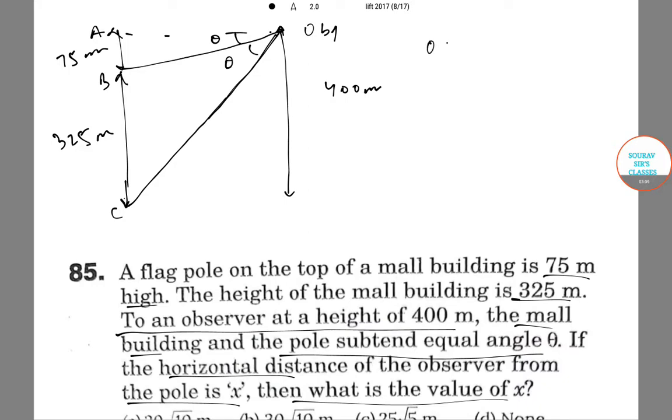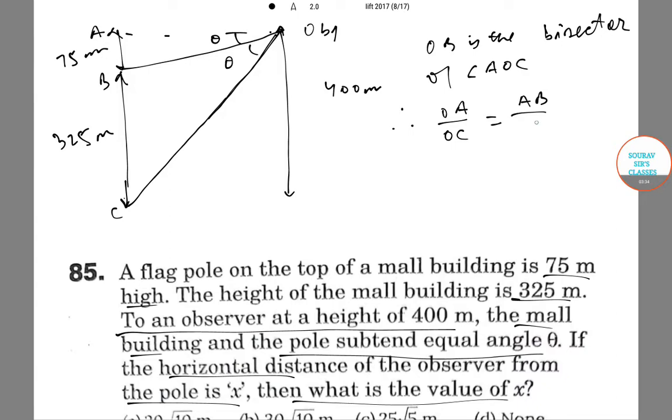Now, OB is the bisector of angle AOC. Therefore, OA by OC is equal to AB by BC.